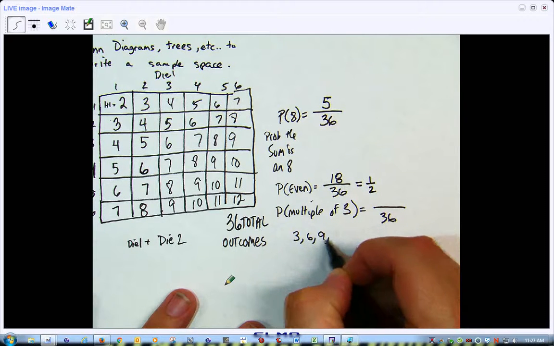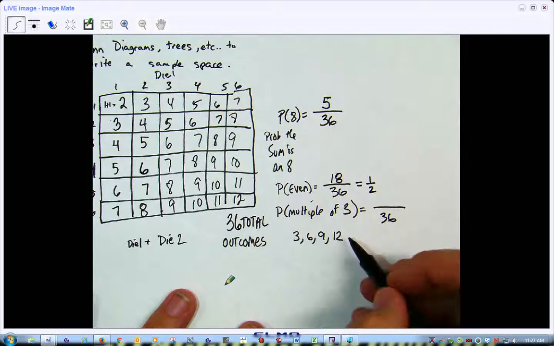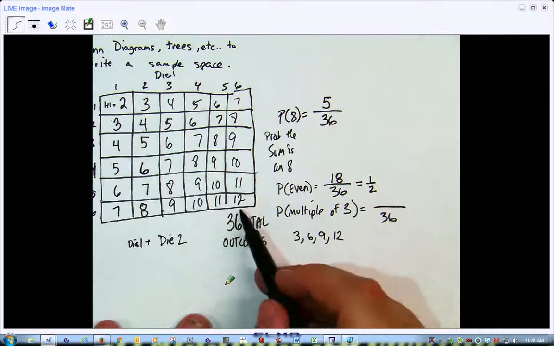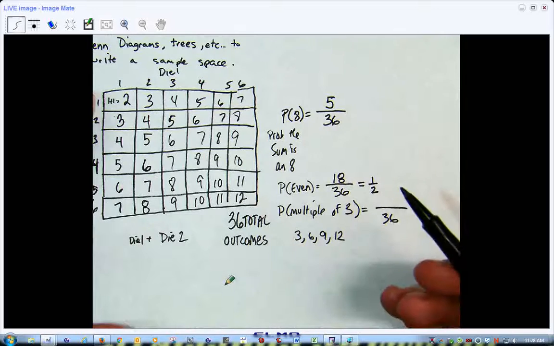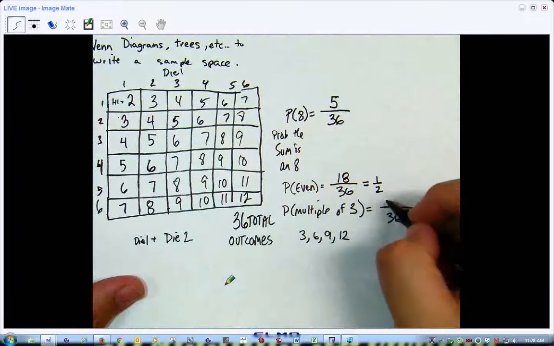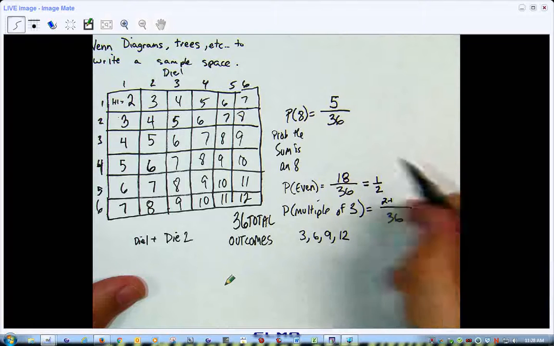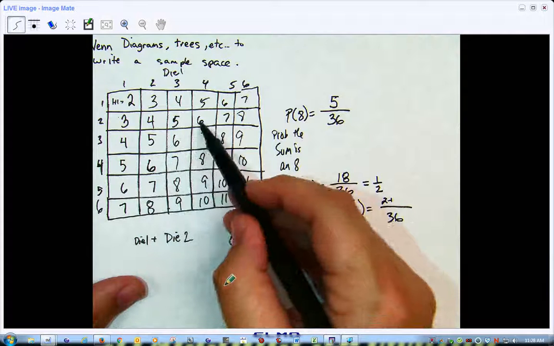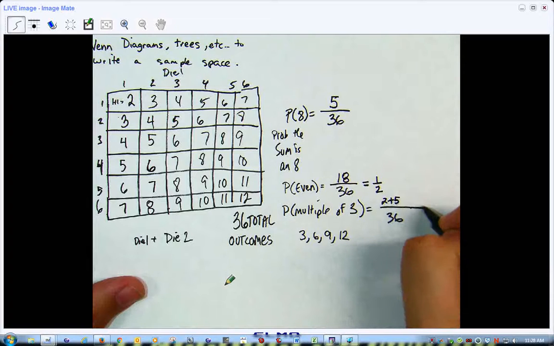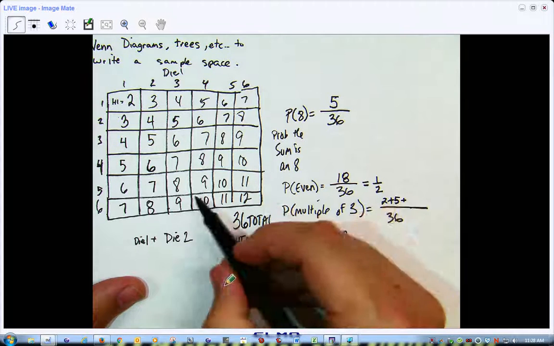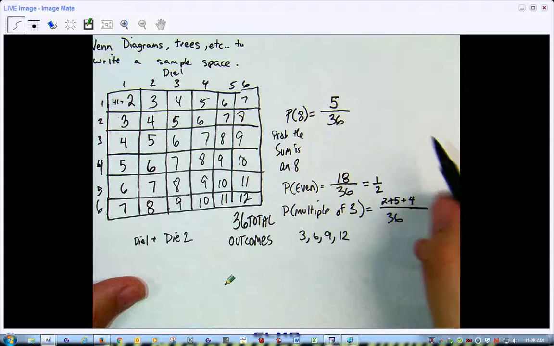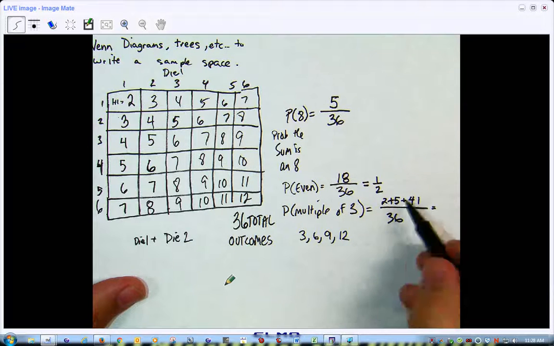That's as far as it goes because 12 is our biggest number and 2 is our lowest. So count up the number of 3's, 2. Count up the number of 6's, 1, 2, 3, 4, 5. So we have 2 plus 5. Count up the number of 9's, 1, 2, 3, 4. And count up the number of 12's, which is 1. 5, 10, so that's 12 out of 36.